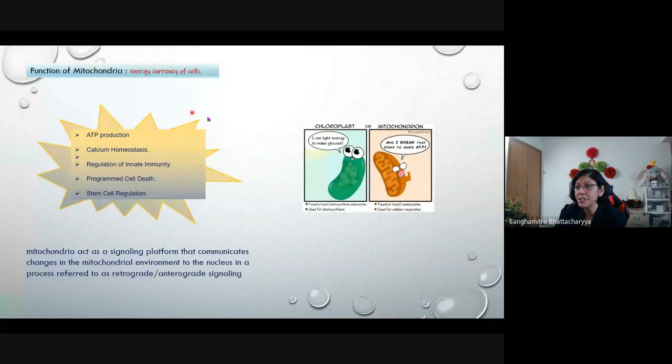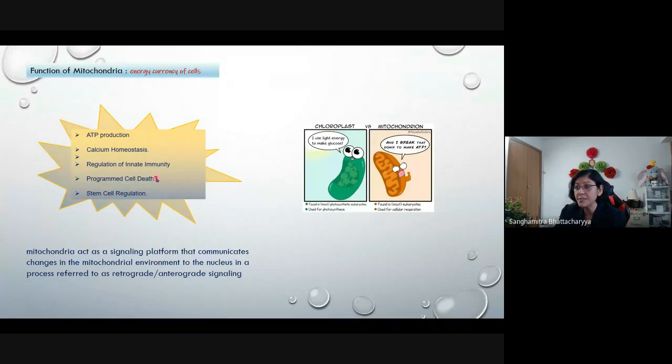The major function of the mitochondria, which is referred to as the energy currency of the cell, is its huge contribution, I would say, in ATP production. The other functions are calcium homeostasis, regulation of innate immunity, programmed cell death, and stem cell regulation.